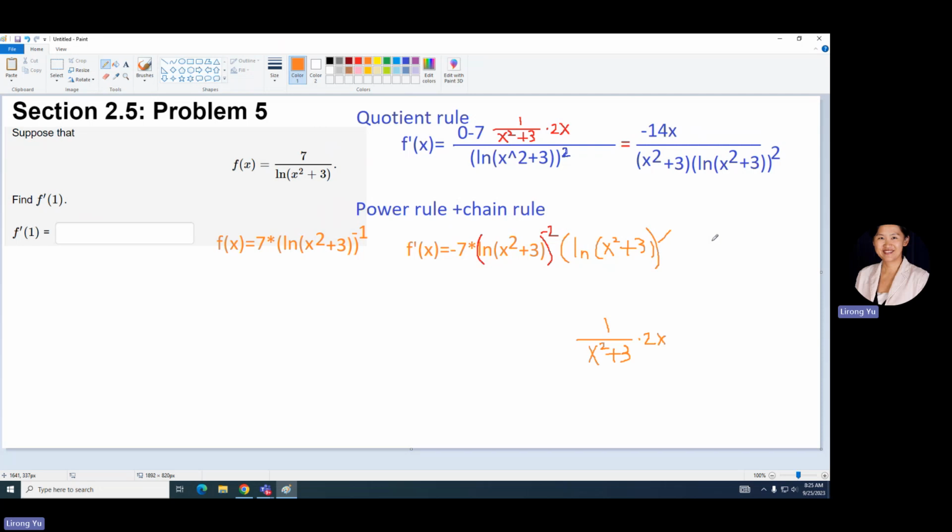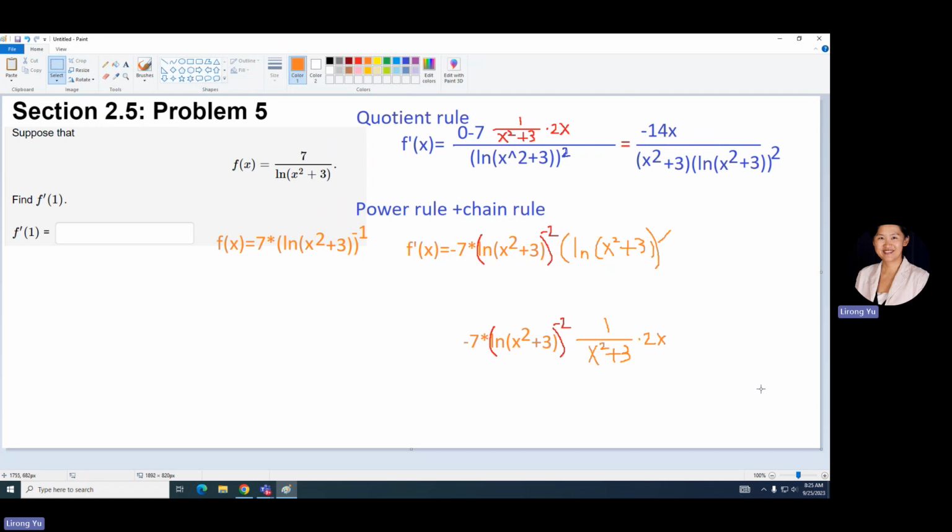If you are differentiating this, you have to differentiate the outside, the logarithm, and then we differentiate the inside, which is 2x. So this equals this. Therefore, the final answer is the derivative of the outside function multiplied by the derivative of the inside function. This is the final derivative.